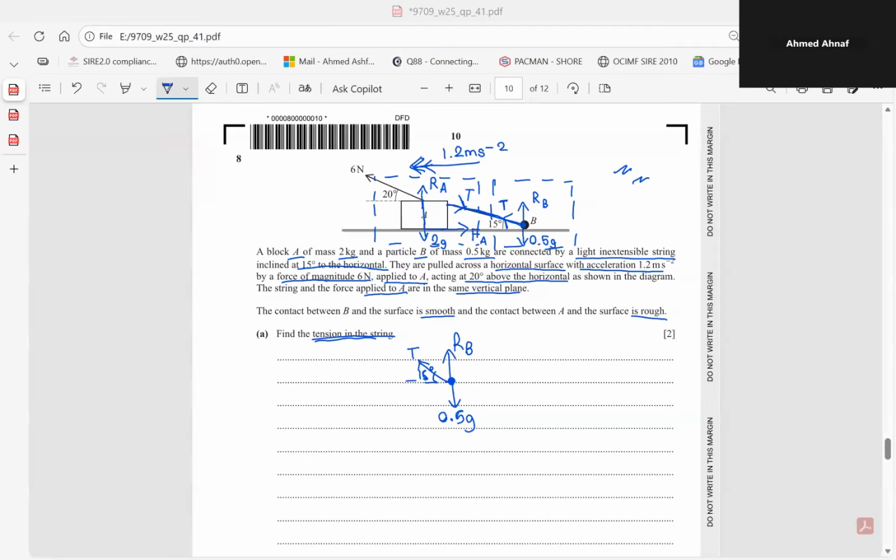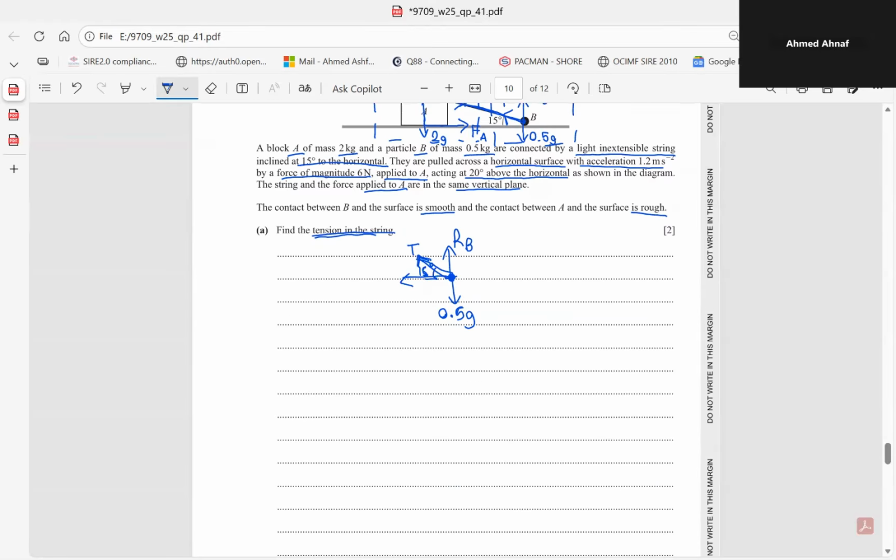So as I was saying, this is our diagram. Now we're just going to focus on the horizontal component since we know the acceleration of it. In the horizontal direction, only the horizontal component of the tension is available, so it's going to make things a lot easier. So let's start.